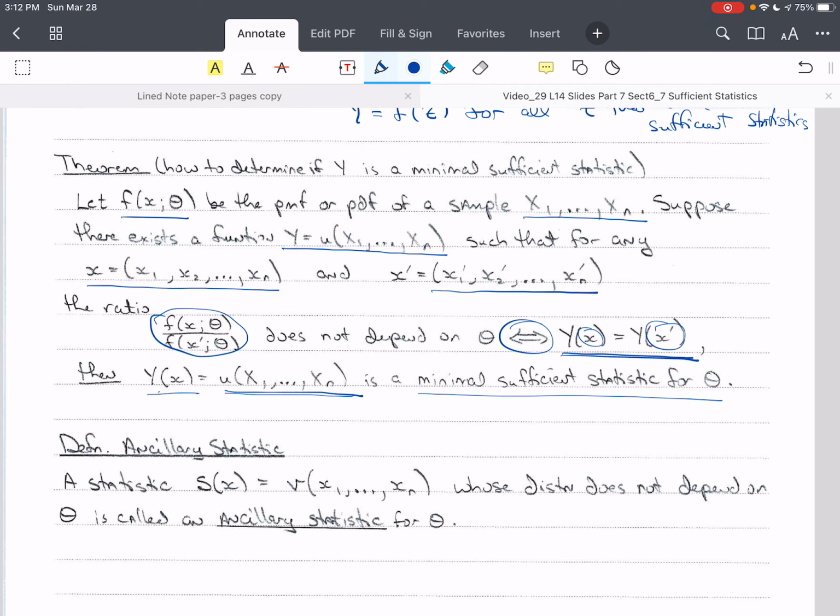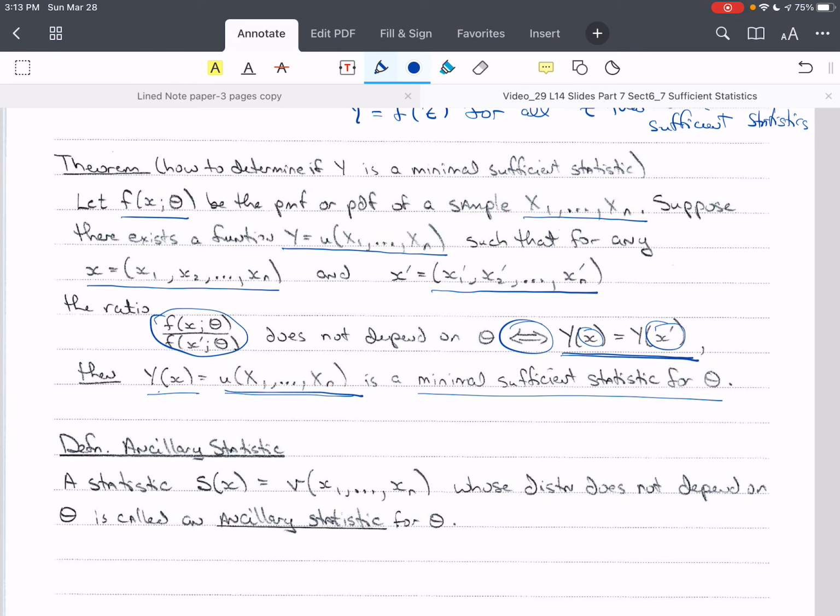Now, an ancillary statistic. A statistic s of x equals, let's say, a function v of x1 to xn, whose distribution does not depend on theta, is called an ancillary statistic for theta, or an ancillary.